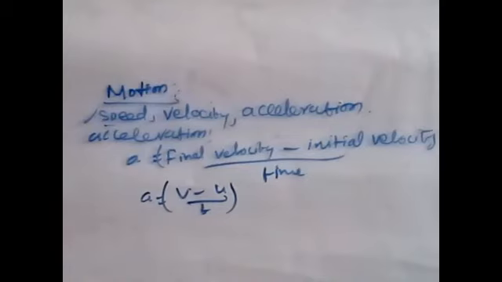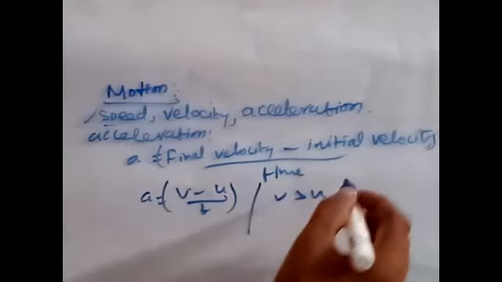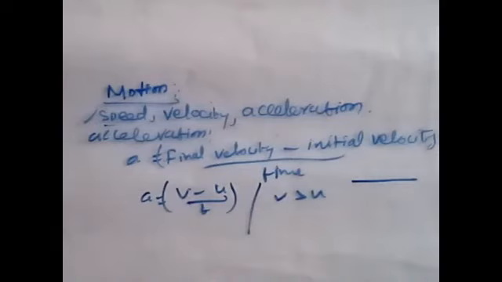Consider a body that moves in a straight line without reversing direction. From the above equation, v is greater than u, because it is traveling in a straight line without reversing direction. The velocity increases with time and the value of the acceleration is positive.